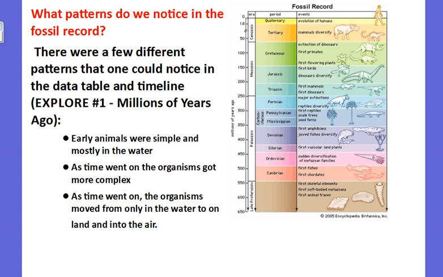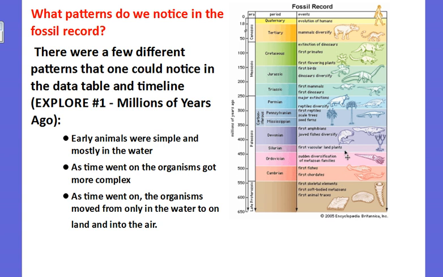What patterns did we notice in the fossil record? There are a few different patterns that we noticed when we did the data table and we looked at the timeline for Explorer number 1, the millions of years ago activity where we had the Jenga blocks that we put in order. We noticed that these early animals, the first ones, were very simple organisms and lived in the water.